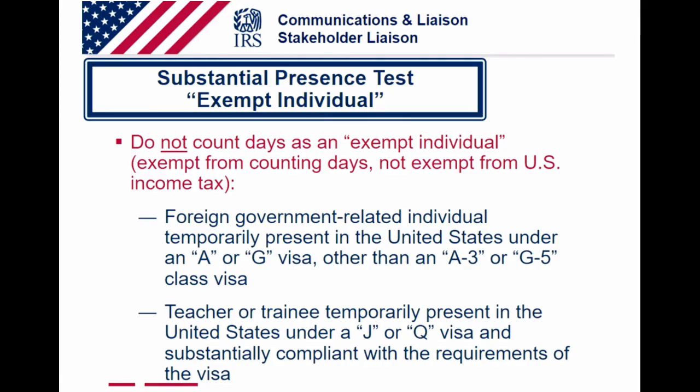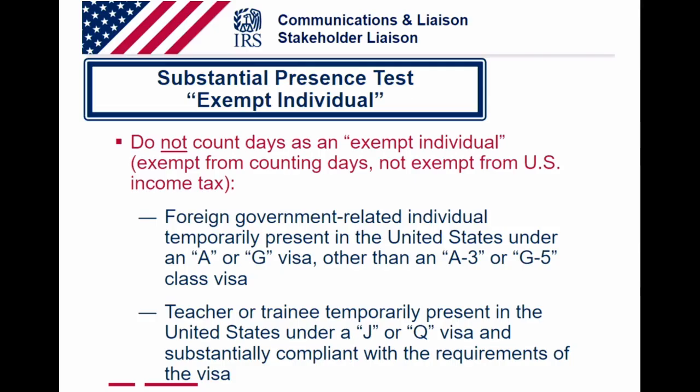Individuals present in the United States under an A3 or G5 visa as a personal employee, attendant, or domestic worker for either a foreign government or international organization official are not considered a foreign government-related individual, and they must count all days of presence in the United States for purposes of the substantial presence test.